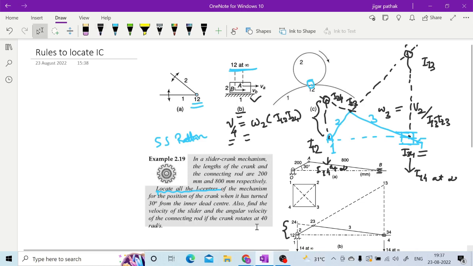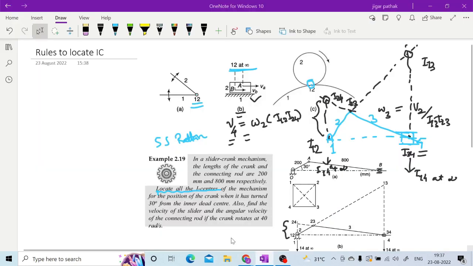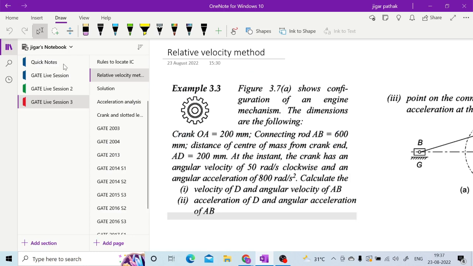Okay. So now with this, I guess we can go for the next one. Next is this relative velocity method.